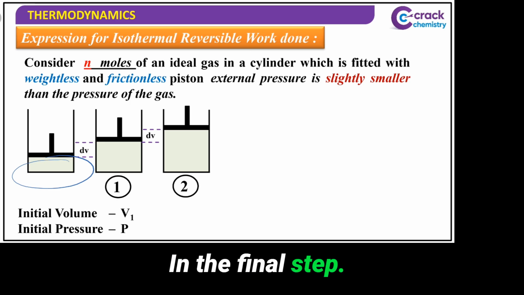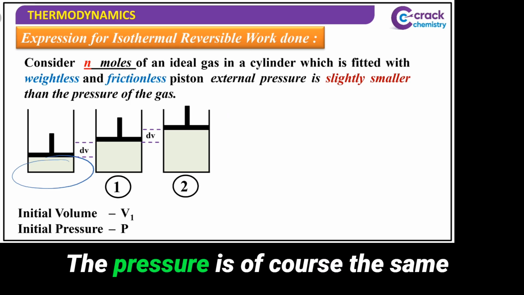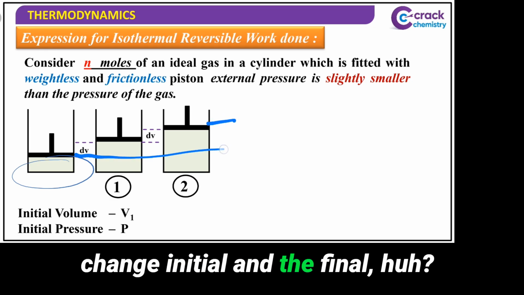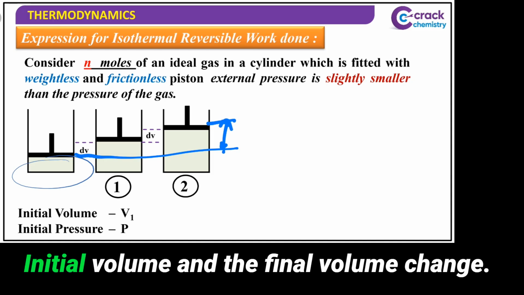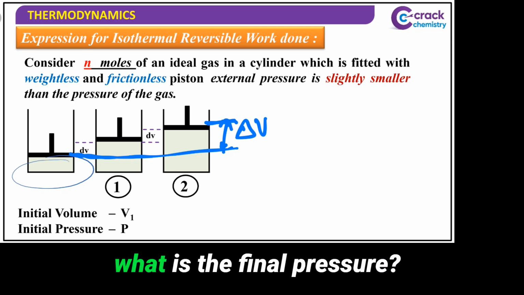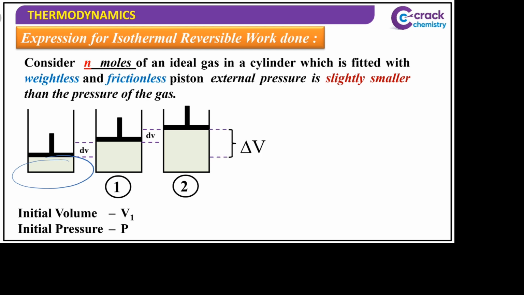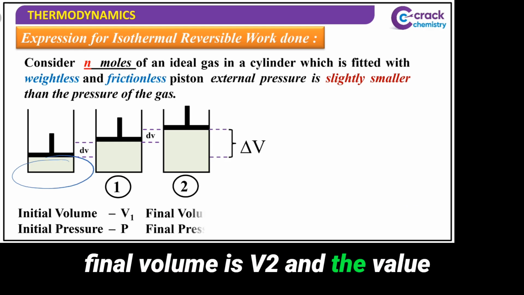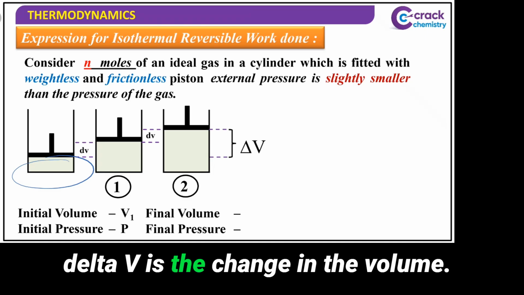In the final step the pressure is of course almost the same, but the volume change, initial and final, let us take as delta V. So what is the final pressure? The final volume is V2, and delta V is the change in the volume.